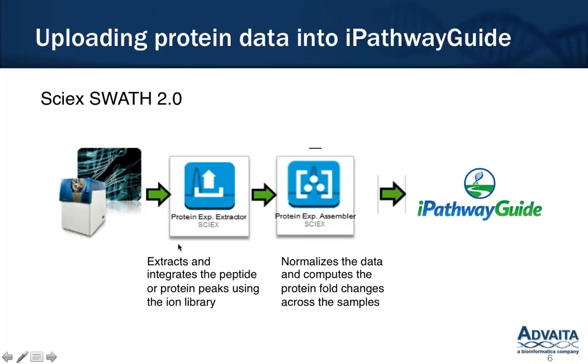And what happens with the protein expression extractor is that it extracts and integrates the peptide or protein peaks using the ion library, and then the assembler normalizes the data and computes the protein fold changes across these samples. And this data can be directly then uploaded into iPathway Guide.